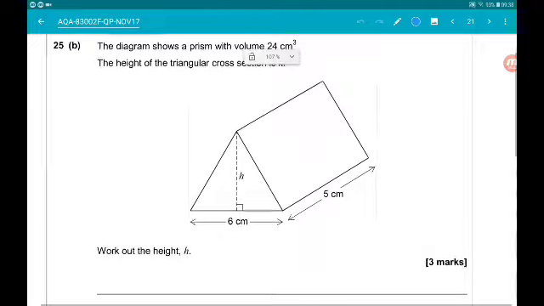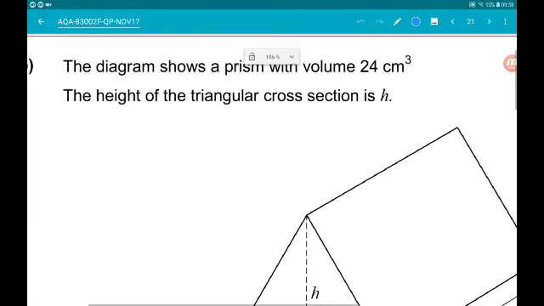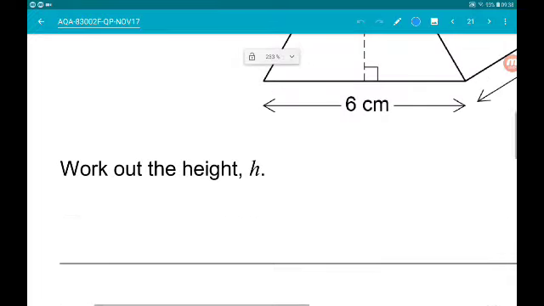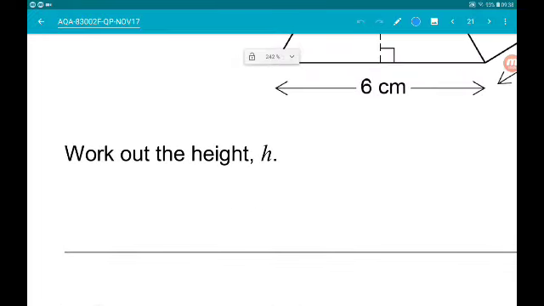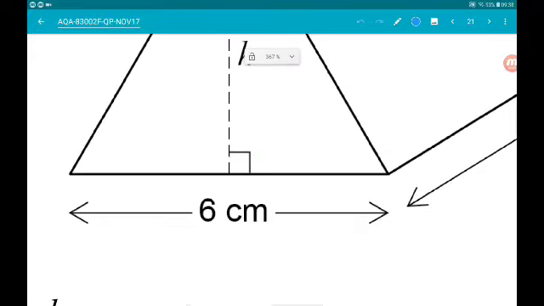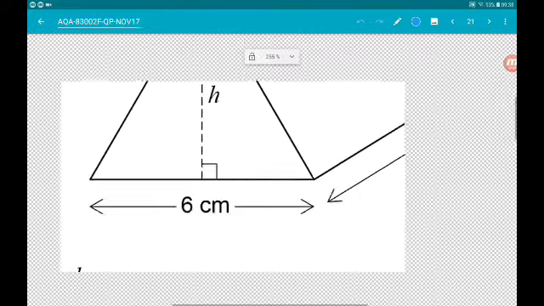Okay, then part B. The diagram shows a prism with volume 24 centimetres cubed. The height of the triangular cross-section is h. We want to work out the height h. Okay, so we know the base of the triangle is 6.